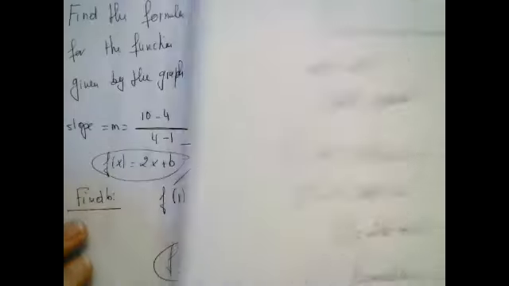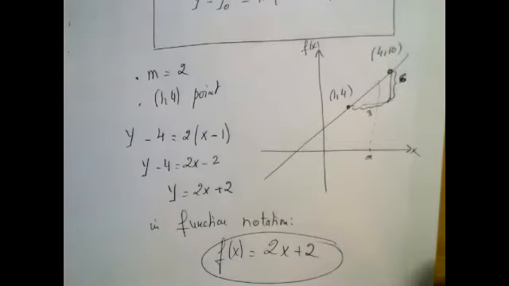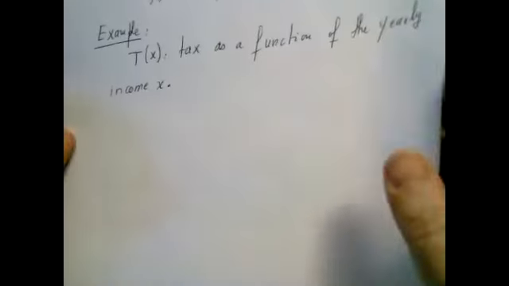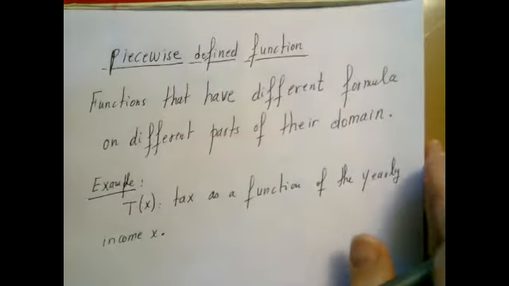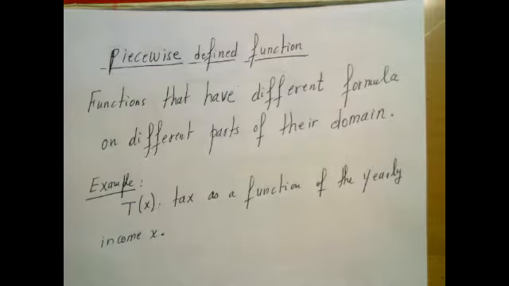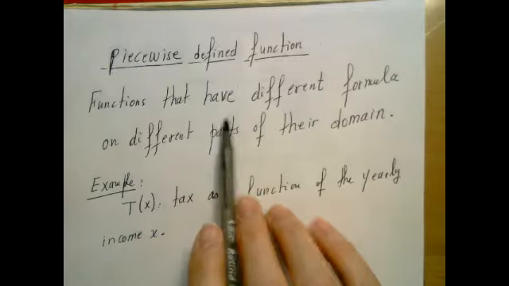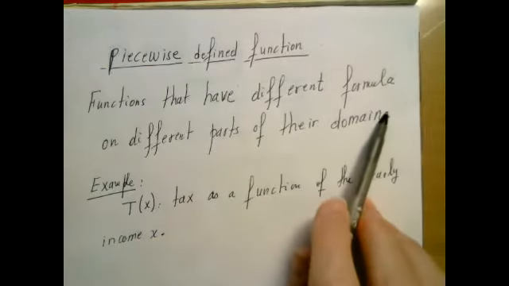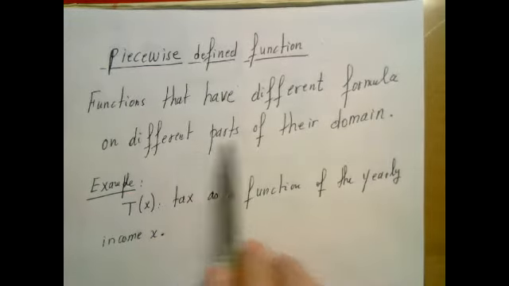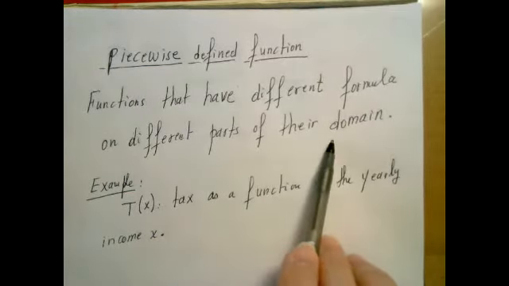The second type of function we are going to study today is the piecewise defined function. So what's a piecewise defined function? Okay, so let's see the definition, and then we work a lot of examples. What's a piecewise defined function? They are functions that have different formulas on different parts of their domain.